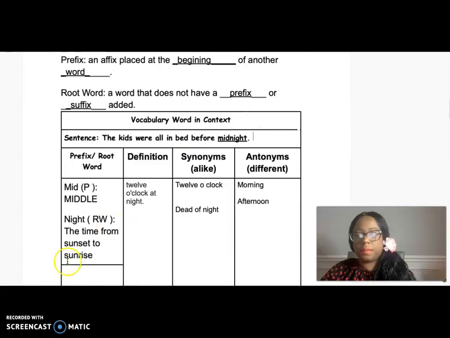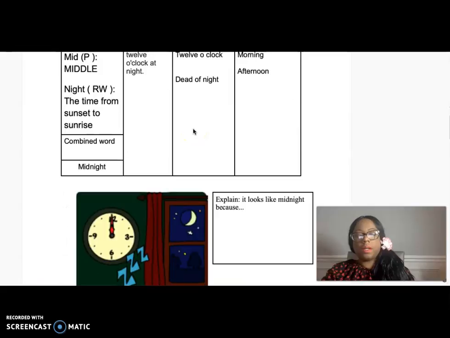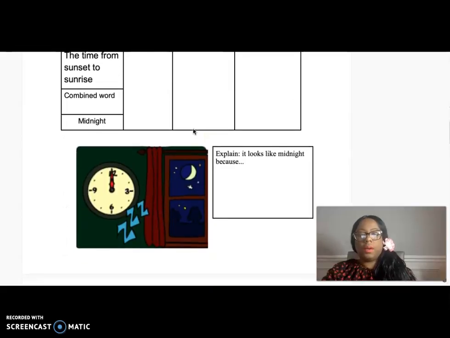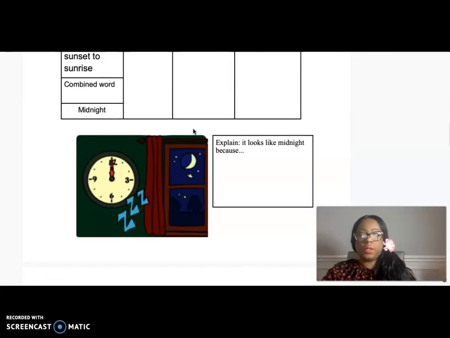All right. Okay, let's go down to our illustration. Now, what I need you guys to do is to explain the illustration. Now, there are a few things. You see Z's, that means somebody's asleep. You see a clock, it says 12 o'clock, and you see it's dark outside and the moon.